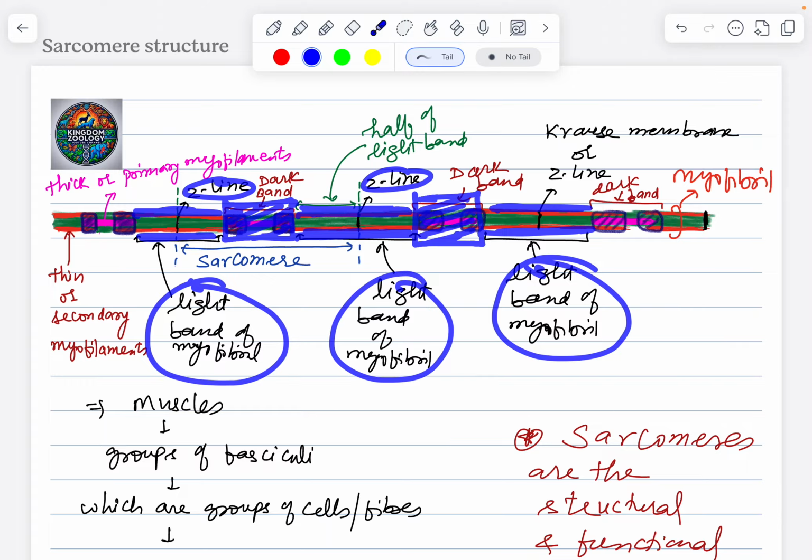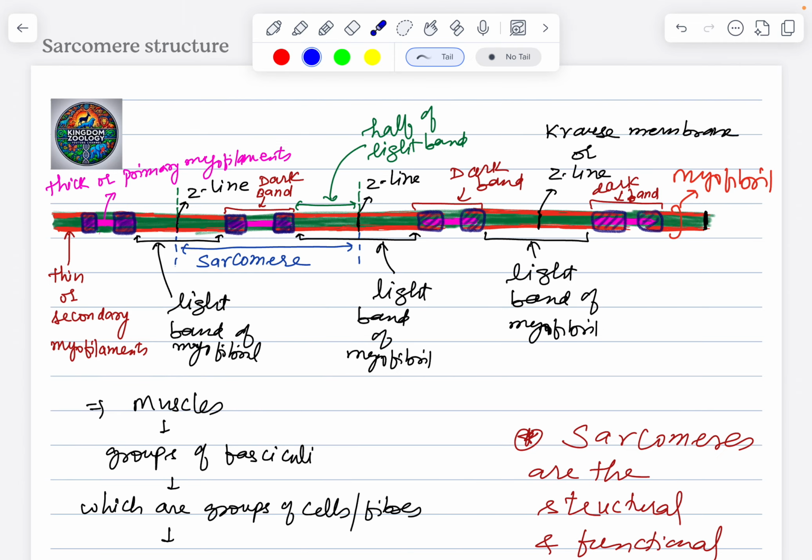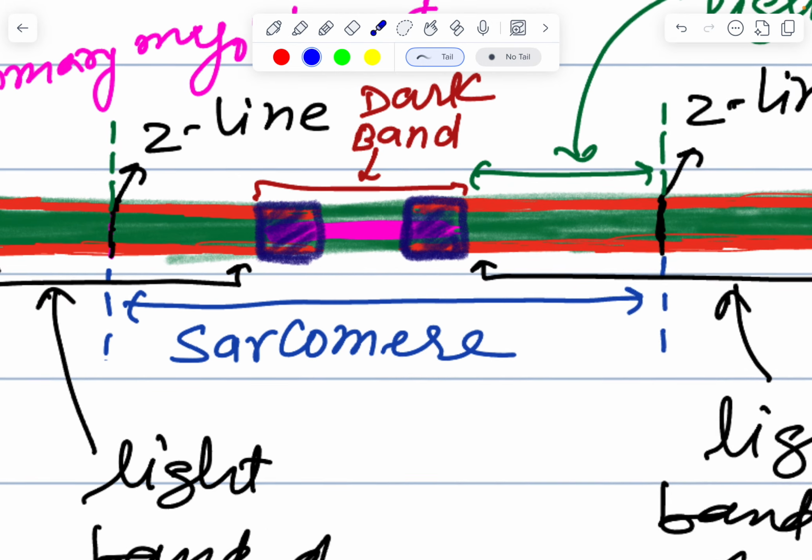Between them, what is there? Dark band. But if you look at the dark band carefully, is it completely uniformly dark? No. If this is your dark band, these two areas are extra dark and the central area is a bit lighter. Because of the arrangement of proteins, if you look here, what type of proteins are there? Both of them, secondary and primary myofilament.